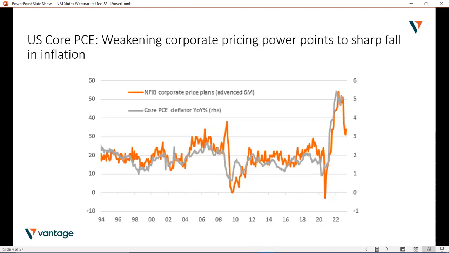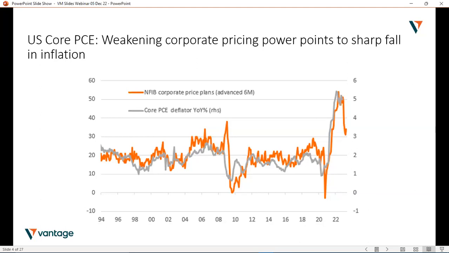And that's with the relationship with the core PCE deflator. If the grey then follows lower, then potentially we could head down, economists think, towards 3% by the end of the first quarter, which means we would certainly be getting close to the top for the Fed funds target rate.